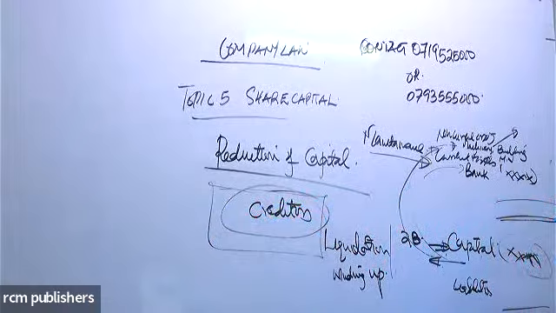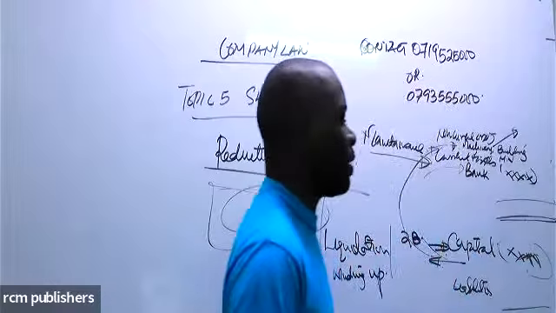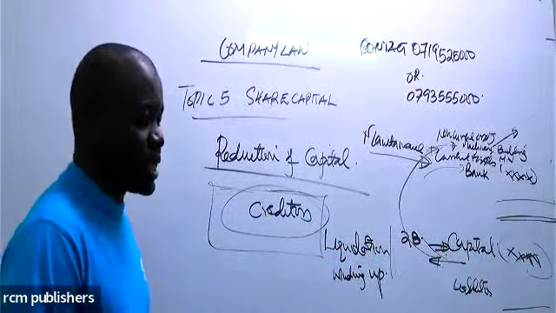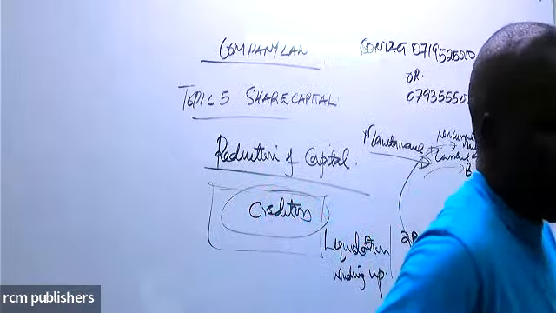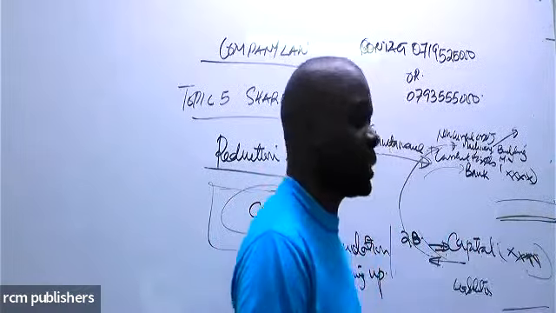So if you give out those shares for free, you have to find a way to cover up for the amount not realized on those shares, because in this case you won't be maintaining your share capital.